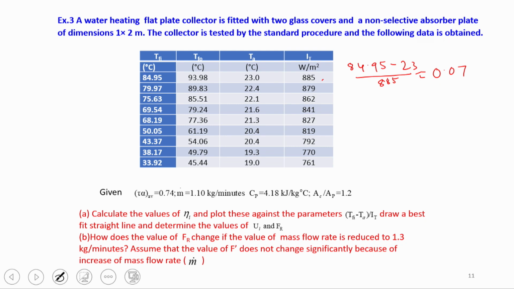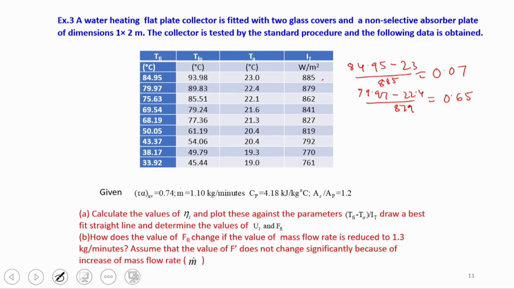79.97 minus 22.4, then 879. Tell me. 65.